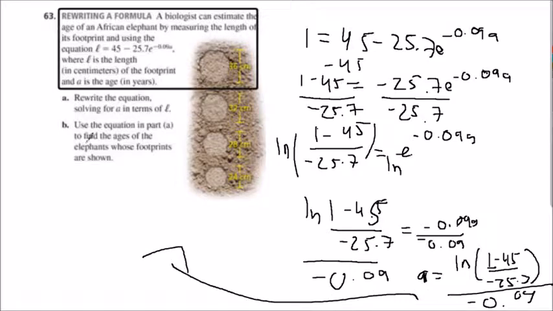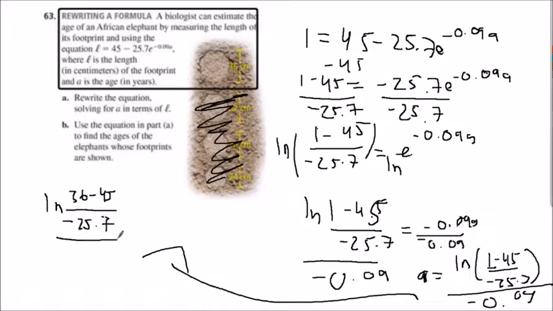So we want to find the ages of the elephants whose footprints are shown. I'm just going to get rid of these three because the video is already too long. So let's put 36 in there. Now we have the natural log of 36 minus 45 over negative 25.7, over negative 0.09. So 36 minus 45 is negative 9, right?